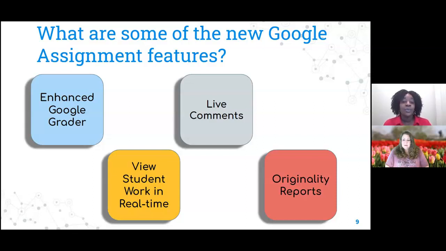So once again, these are some great new features with Google assignments. And this is comparable to the Google Cloud assignment. And just in case you don't know what that is, this is a great way to provide an editable copy of an assignment for your students if you want them to make edits and submit it to you.